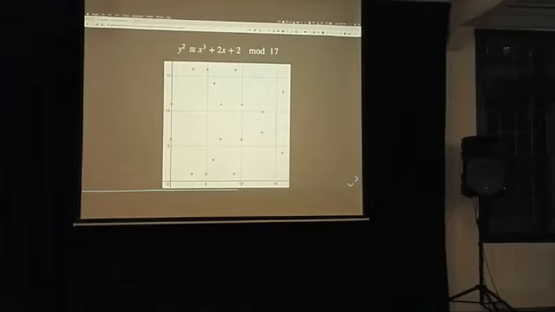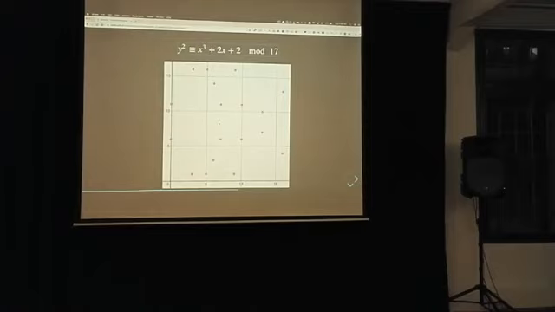By the way, just a side note, how could we actually find those points? There are multiple ways. One would be to brute force this, which is very inefficient. Another would be to take a generator, a primitive element. Actually, on this specific curve, every single element is a generator, but that's not generally the case.